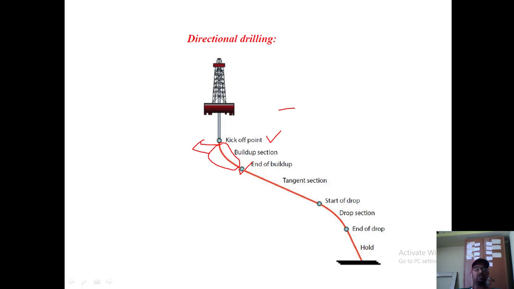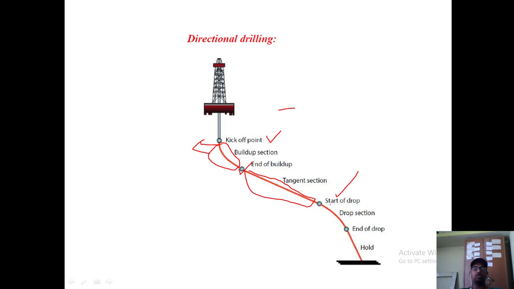After the end of the build-up section, you will see a straight line following the constant build-up rate. We call this section the tangent section. After the tangent section, once the inclination starts to decline, that is the start of drop off, a drop in the angle of the well we are drilling.